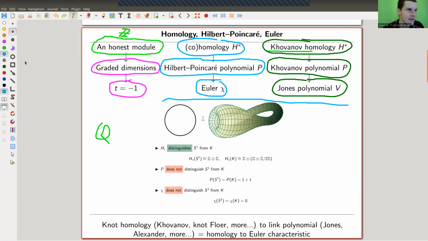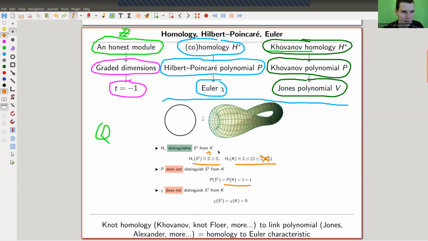Here is an example of what people usually do in topology. In the middle slice, you take homology or cohomology, and you would like to distinguish certain spaces like a circle and a Klein bottle, and homology can do that for you. You get different associated vector spaces. One of them is Z plus Z, one of them is Z plus Z plus Z mod 2. So they're different. But if you then go to the dimensions, this term dies, and it's just 1 plus t, because everything here is graded.